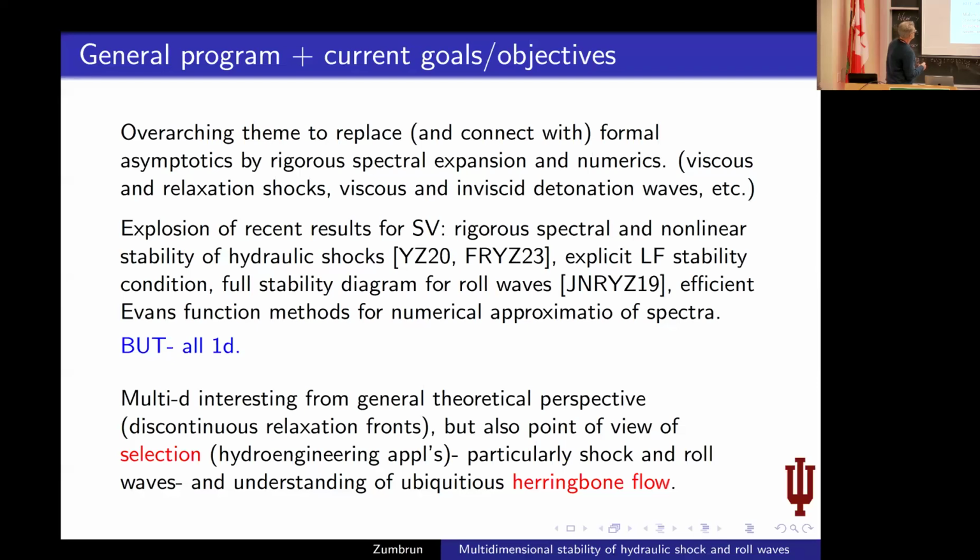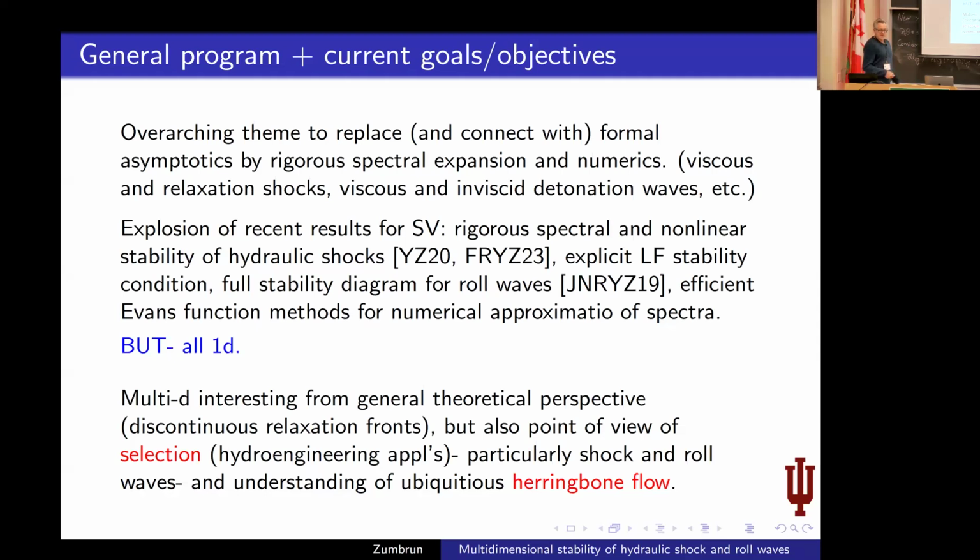And so what have we done? Well, I just told you in the previous talk, we got explicit low frequency stability conditions, a full stability diagram for roll waves, efficient numerical methods, but all in 1D. So we wanted to go to 2D. Okay, so I think this is interesting.